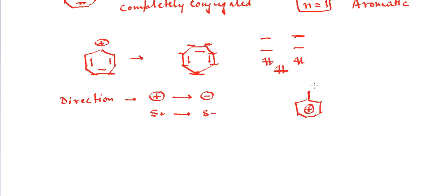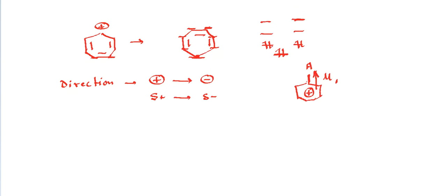If it is attached to any atom, then the direction of the dipole will always be from positive to negative. So it will be like this. This will be the direction of dipole moment in this. So this is how you can check the direction of dipole moment. That will help you in predicting whether the molecule is polar or non-polar. So this is a polar molecule, or better we can say polar ion.